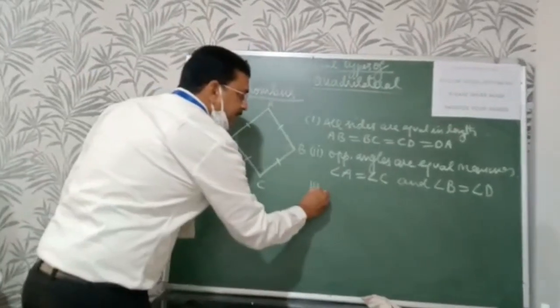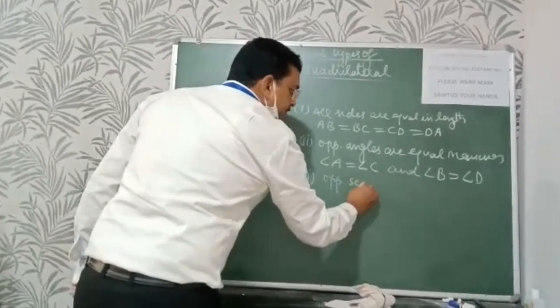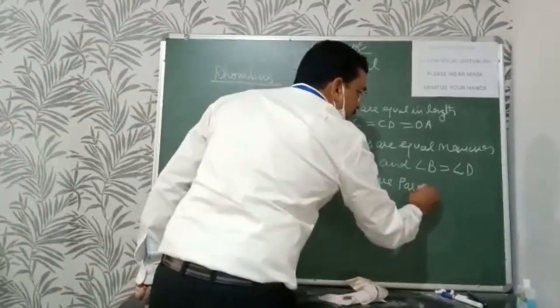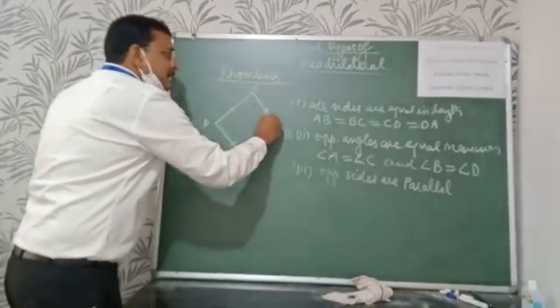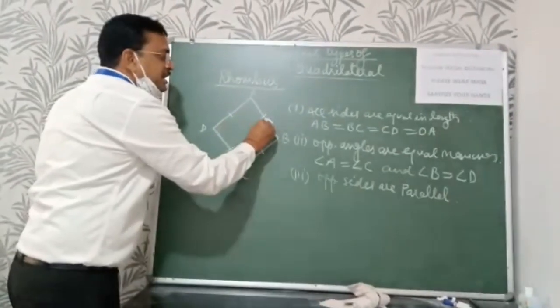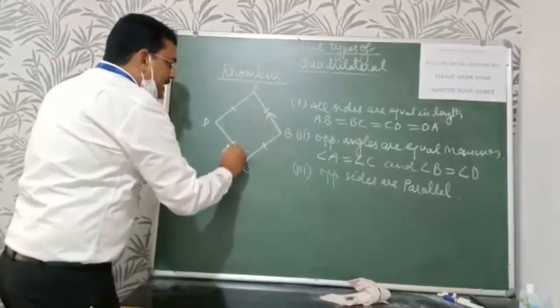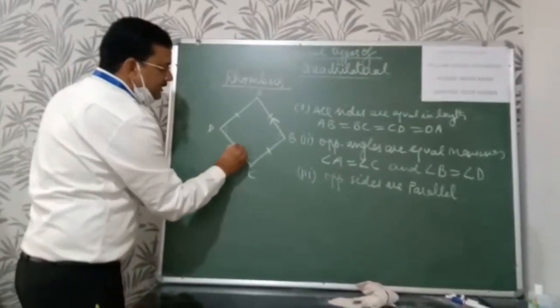Third property, opposite sides are parallel. It means AB, this arrow indicates that they are parallel. This AB and CD are parallel to each other.